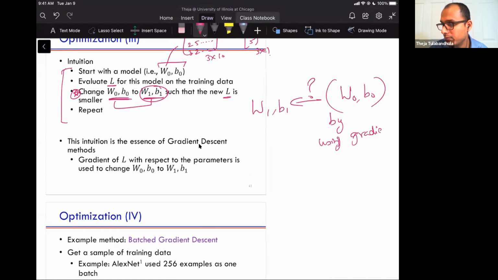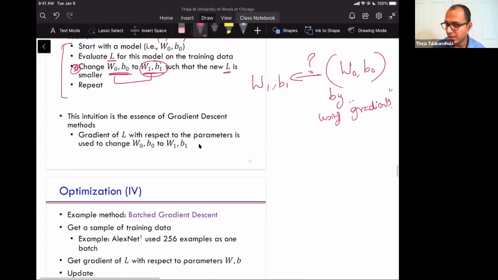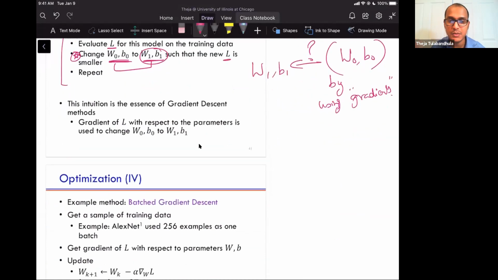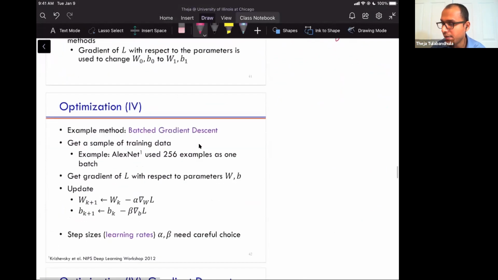These are new quantities that we can compute, which are nothing but this vector of derivatives. Let's say we can somehow compute the gradients. Then how do we actually use them?